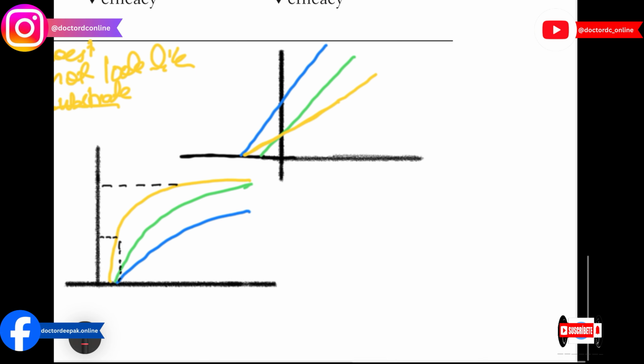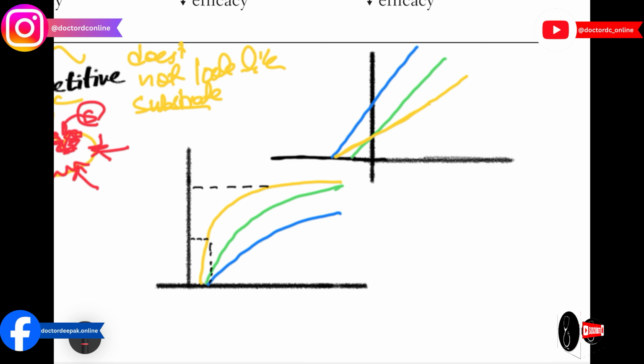Okay? If you remember, we already studied some graphing kinetics, the Michaelis-Menten kinetics and the Lineweaver-Burk plot.